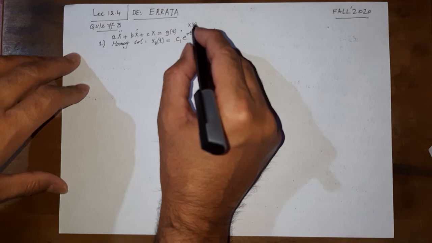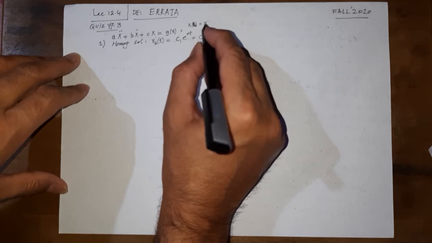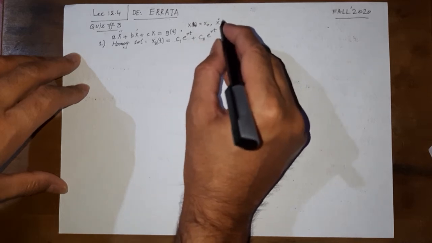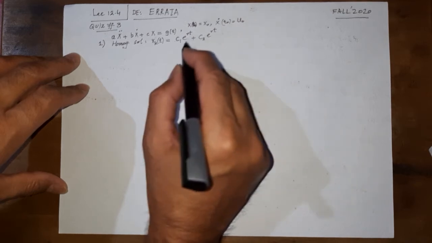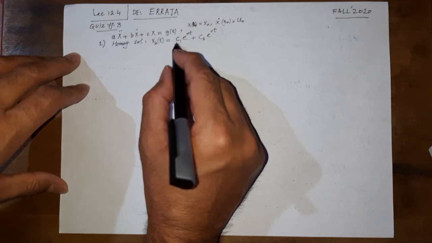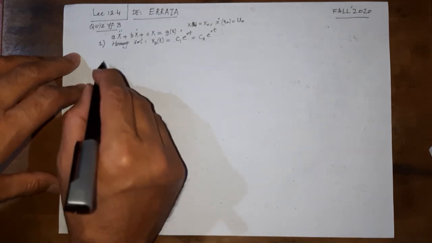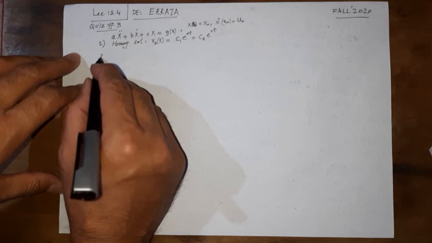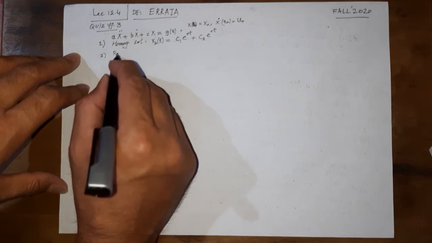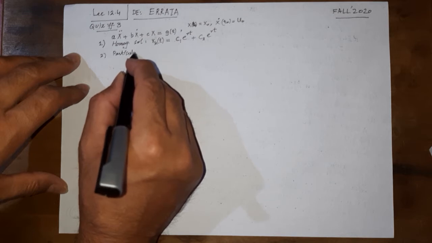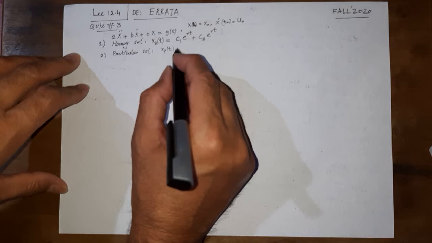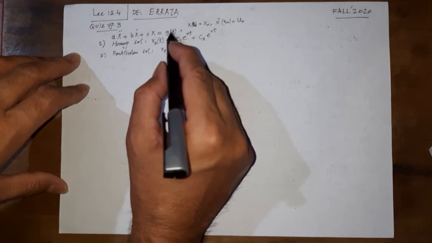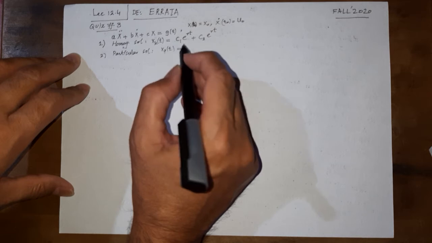So x at 0, or in general if we say x at t naught is equal to x naught, and x dot at t naught is equal to u naught, then using these initial conditions we find these coefficients C1 and C2. And then in the second step we find the particular solution, x_p(t), which based on the form of g(t) gets a form here.